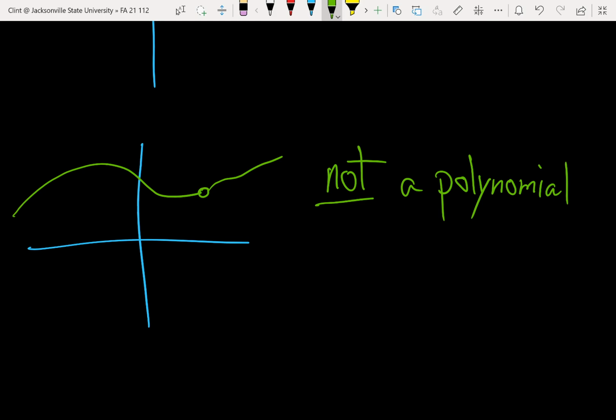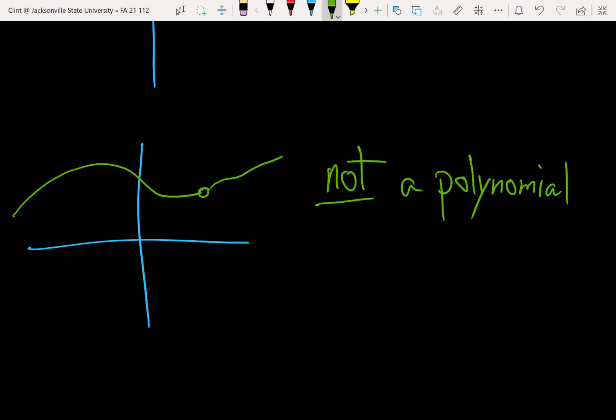Either both ends of the graph go up, that's like x squared, or both of the ends of the graph can go down, that's like negative x squared, or we could have one end goes down, the other end goes up. If it goes down on the left, up on the right, that's like x cubed. Or we could reverse it.